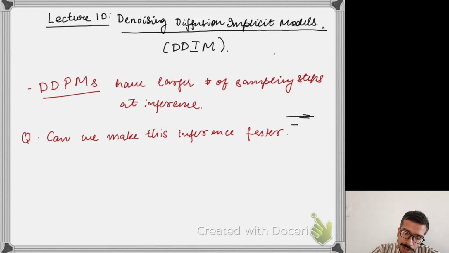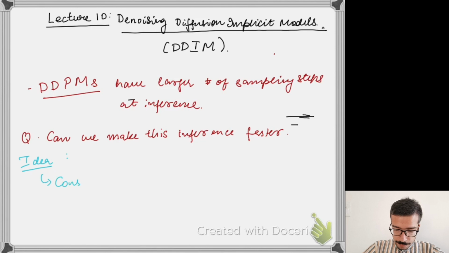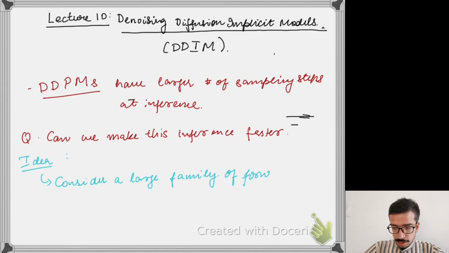And essentially what this paper proposes is, the main idea here is that we consider a large family of forward distributions. Basically this is the posterior distribution or the forward Markov chain.